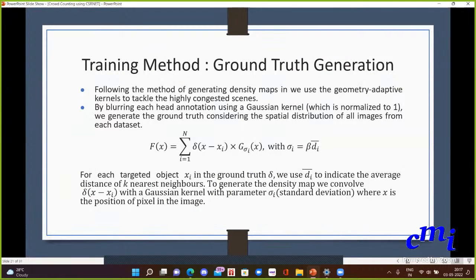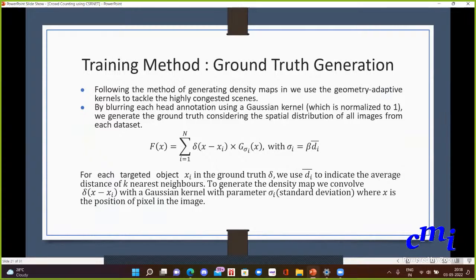Before training, we need to generate some ground truth for each of the images to train the model with respect to that. It is impossible to annotate all the heads manually, so we need to use some algorithm to generate the ground truth. Here we are using geometry adaptive kernels to deal with highly congested or dense scenes.